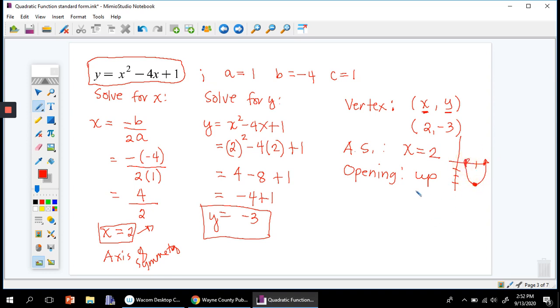Okay, so since it will continue to go up infinitely, therefore there is no maximum, and if there's no maximum, therefore there is a minimum. Okay, this is the minimum value. The minimum value is negative 3. So this is minimum.